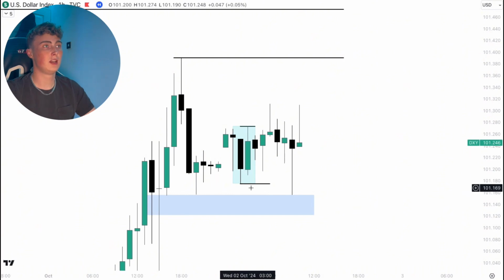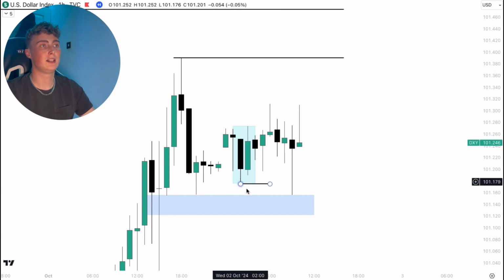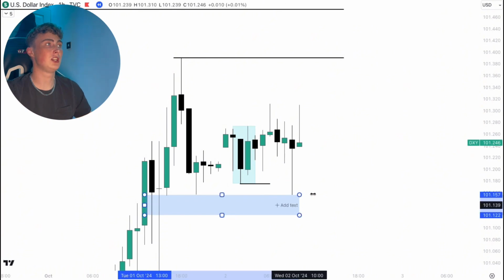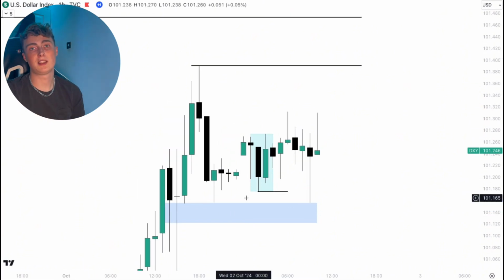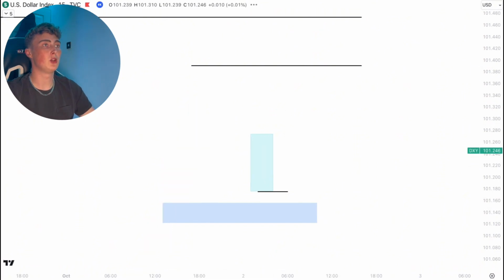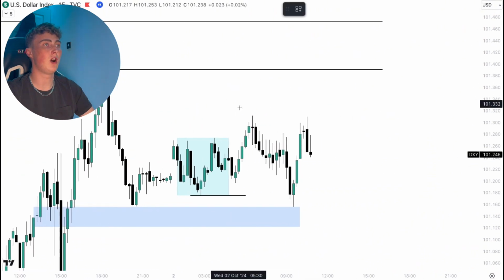Price has taken out Asia low into this FVG. And we actually did take out this old low over here. It was a very shallow sweep. So now price has taken liquidity. It has the fuel, quote unquote, to go and target these old highs. Not only this, but you may notice that price has also built up these equal highs here.